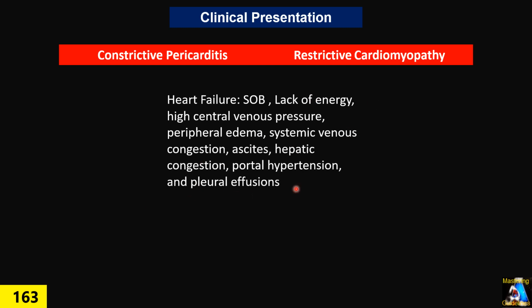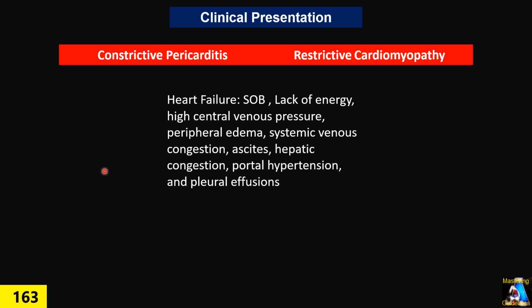So both of them can be very similar to each other, and there is no sign or symptom that differentiates the two, except maybe the clinical findings of the etiology of the disease.